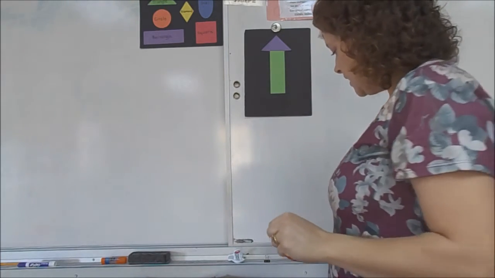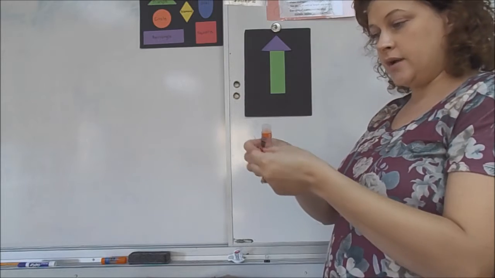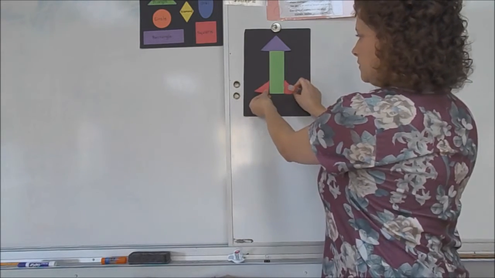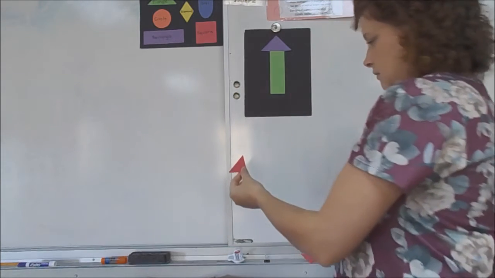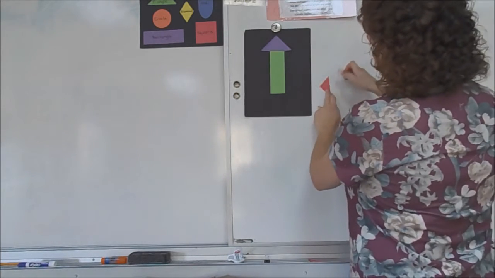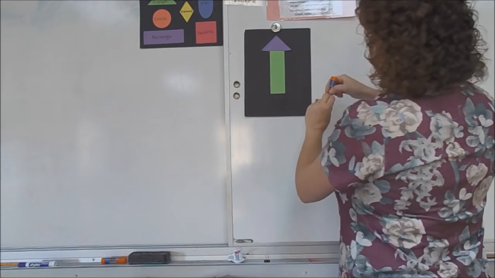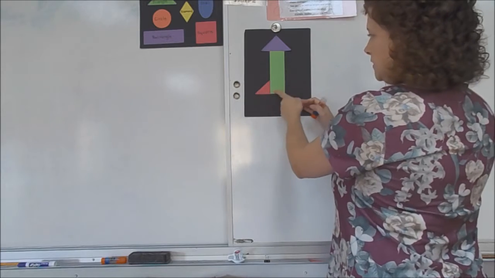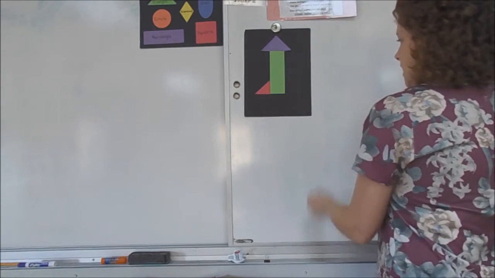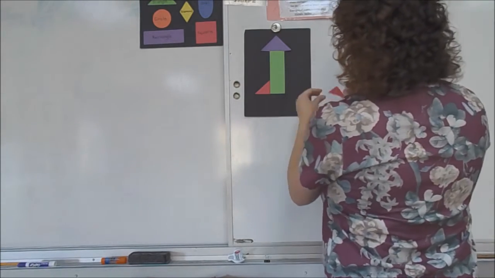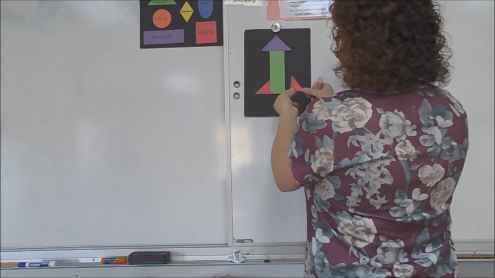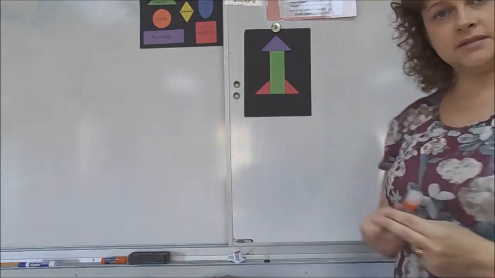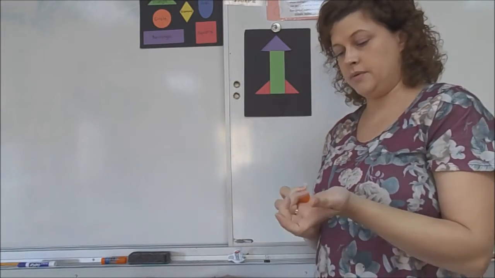Okay, now the 2 triangles we have here are going to become the bottom of your rocket ship. Okay, so we're going to, again, glue on the back. Place it with one edge along the side of your rocket ship on the bottom. Now, there's the basics for building your rocket ship.